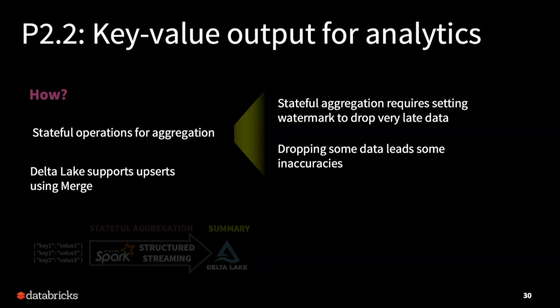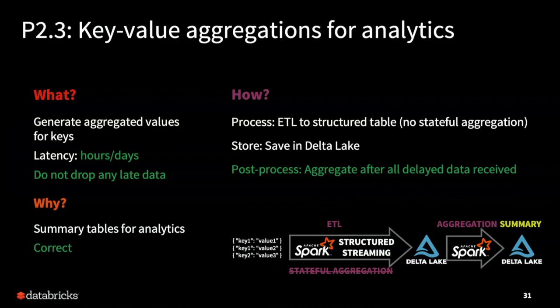But if you really want to not have any of those inaccuracies, you want to compute aggregates over all the data, then you have to do a trade-off. Instead of computing aggregates continuously in your streaming query, you dump all the data just like a standard ETL job into a Delta table, and then do periodic aggregations on top of the final Delta table to create the summary table.